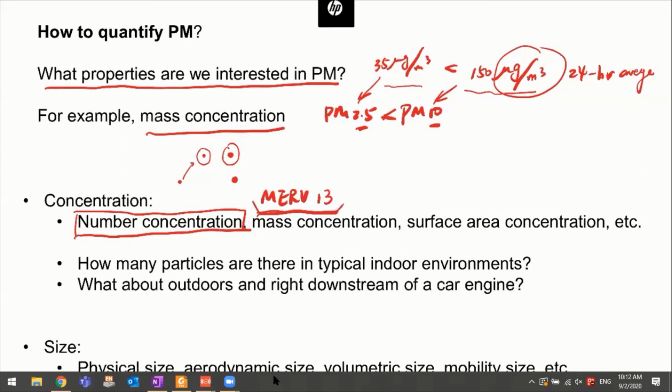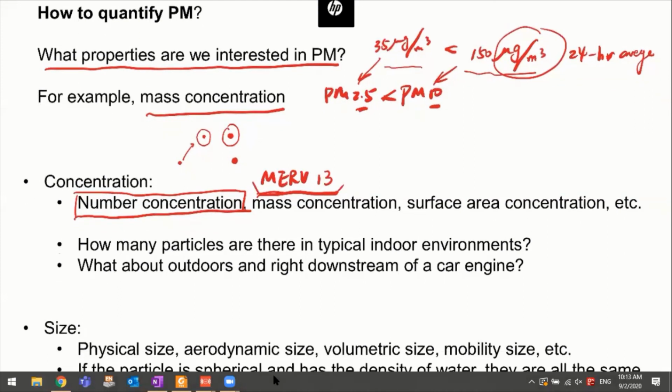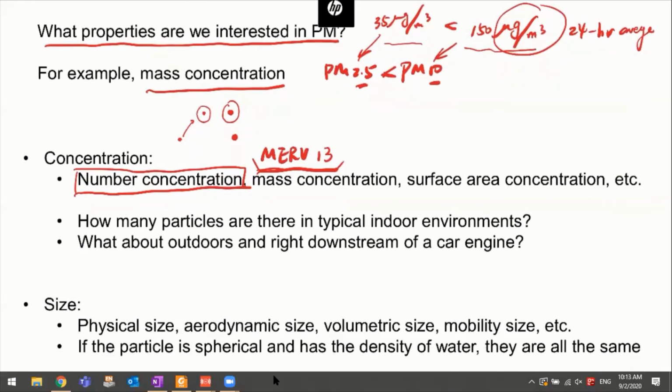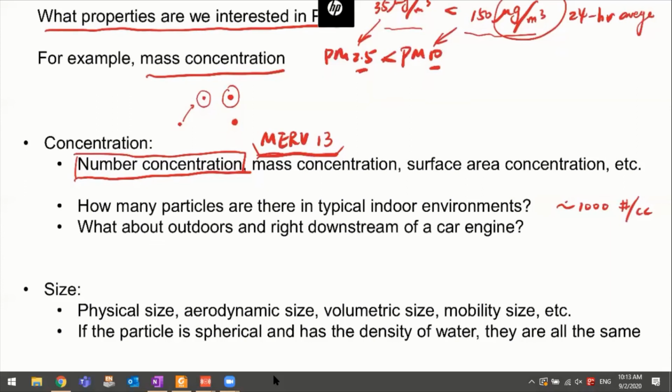Okay. Since we talk about number concentration in the indoor environment, I'll also list out the situation for outdoors. So we said the indoors is around 1,000 particle per cc, right? Centimeter cube. So for outdoors, in general, the concentration is 10 to the 4th to 10 to the 6th number per cc. Okay.